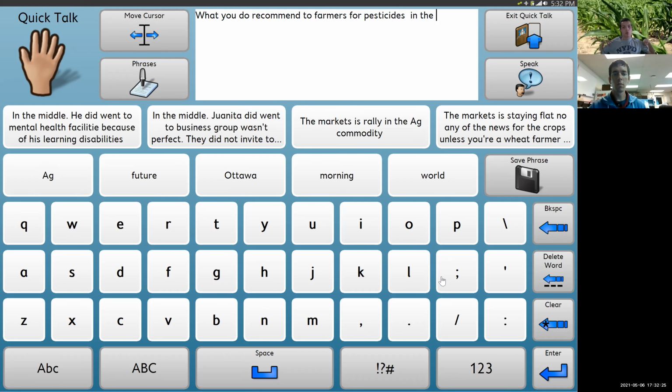But what do you recommend for mixes of herbicide and pesticides together? Typically with an insecticide, I'm not going to recommend putting that out with a herbicide application unless you have a need for it.